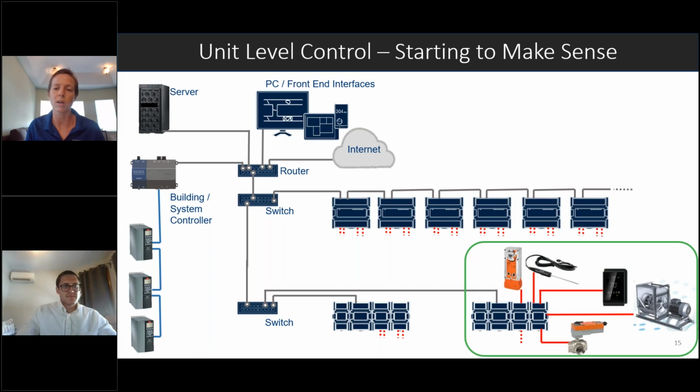So now we can just daisy chain and tie back all our controllers just via a network switch, like a Cisco switch or an Optigo switch, something like that. And I know it's a very abbreviated answer, but we're going to get more into this, I think, in our third session on MSTP versus IP and network architecture.